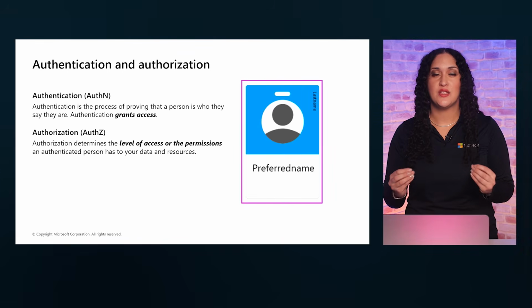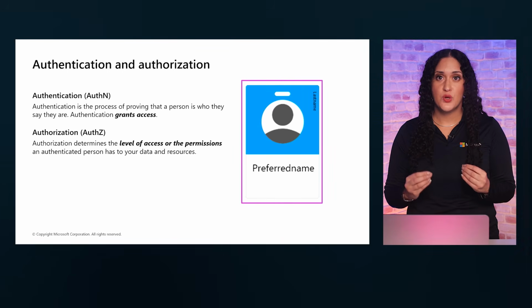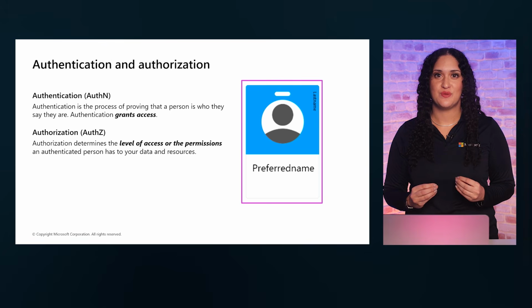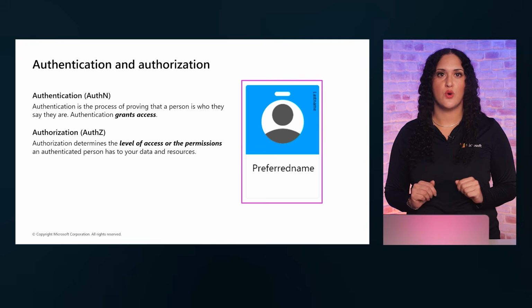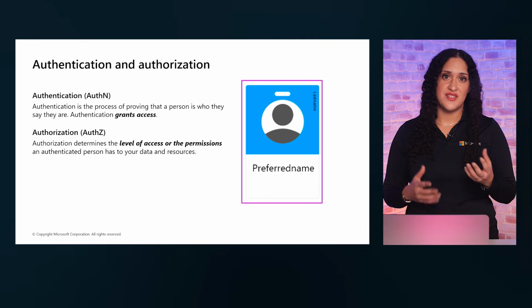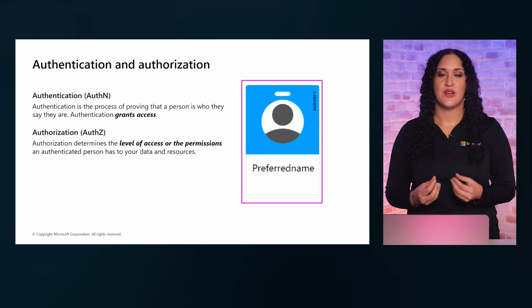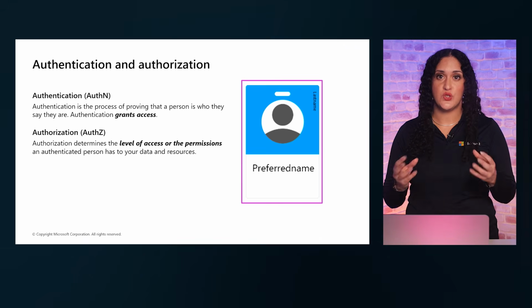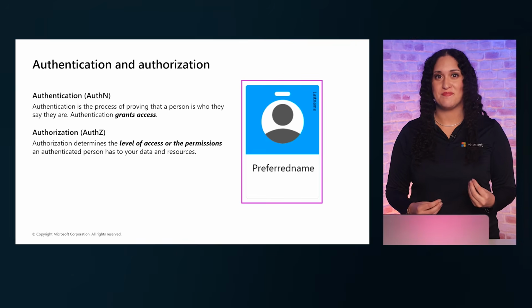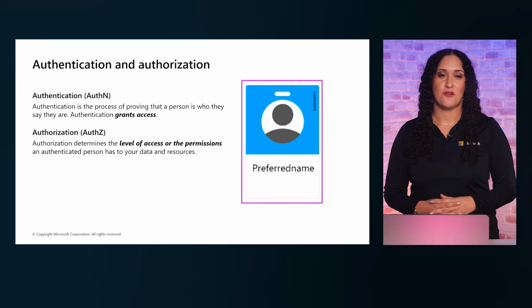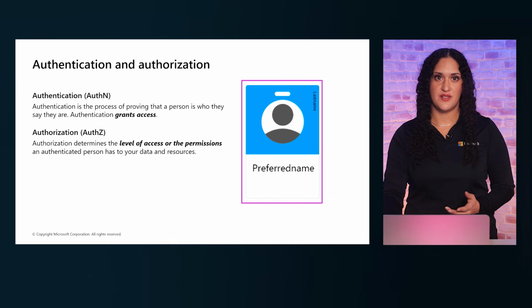This separation is powerful because it supports the principle of least privilege. Users get only the access they need, nothing more. Together, authentication and authorization help organizations protect resources, reduce risk, and make sure the right people have the right access at the right time, which is essential in a modern cloud or even a hybrid environment.